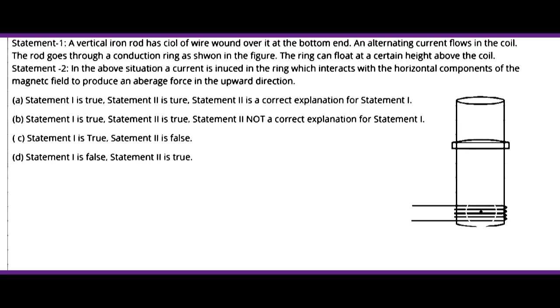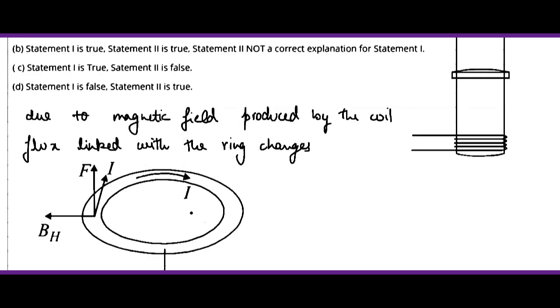The current passing through the coil will create a magnetic field in the space, and due to this magnetic field there will be a flux linked with the ring and it will produce some EMF, which will be the induced EMF. This is how the current will flow, and it will interact with the horizontal component of the magnetic field produced by this coil, and that interaction will induce a force that will be a net force in the upward direction.